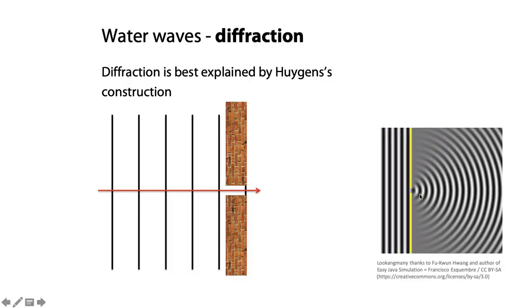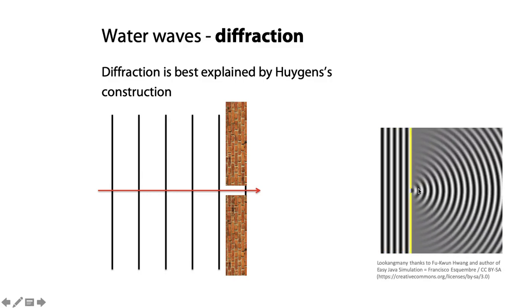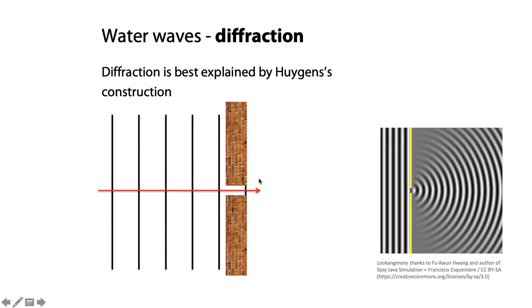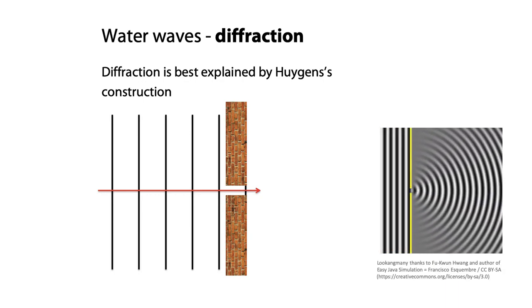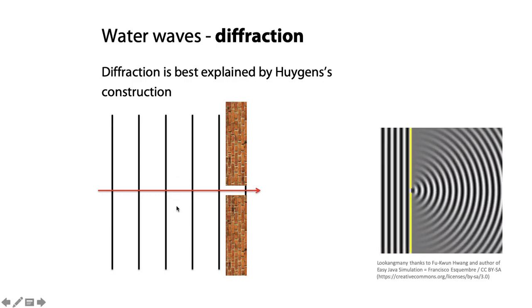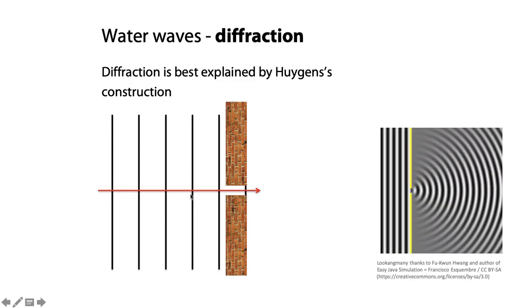On the right, you have an illustration of this process, a mathematical animation model. And to demonstrate why it happens, let's take this as an opportunity to do a demonstration of Huygens' construction. So remember that Huygens' construction says that any wavefront is a source of a wave. So just this little bit of a wave is able to pass through, the rest will reflect back.